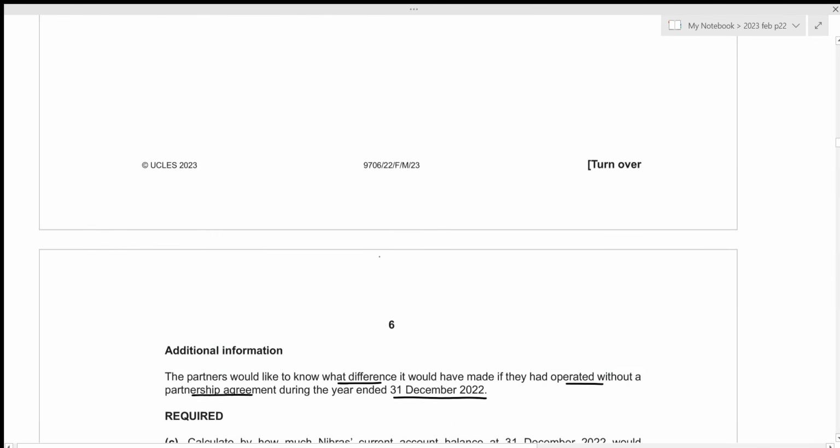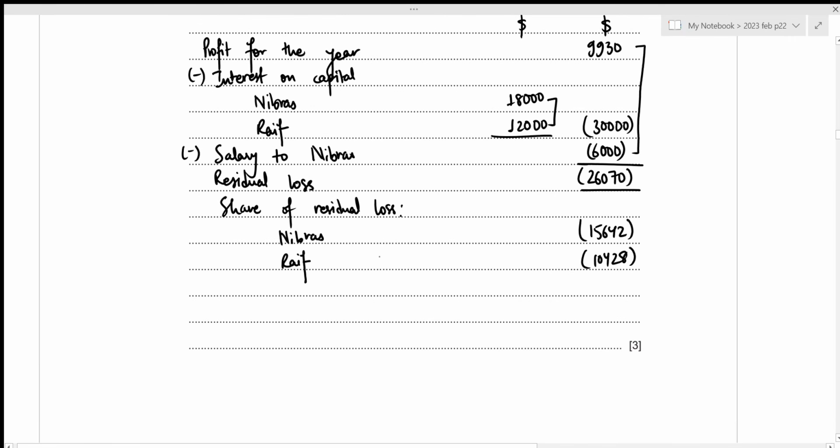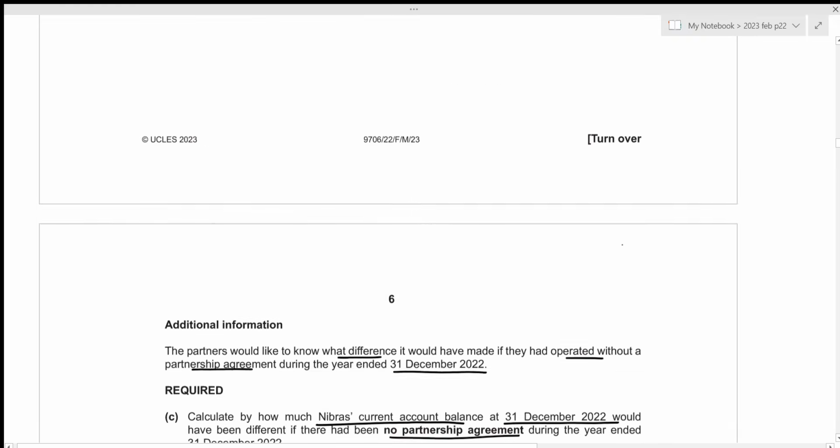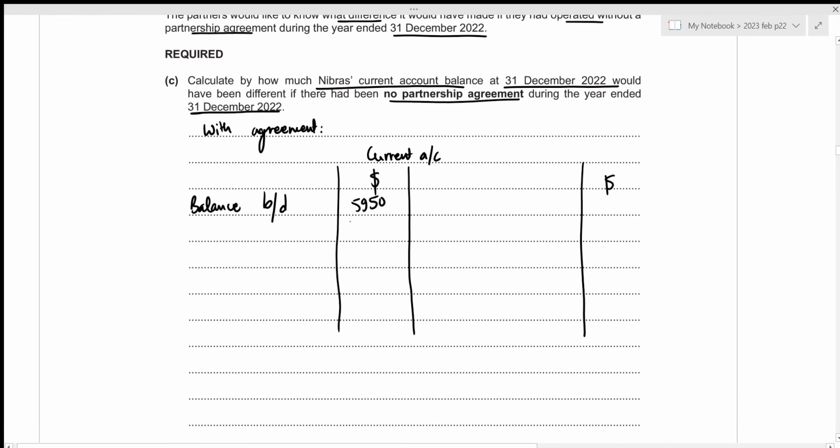Then the next item to be included in our current account would be our share of residual loss. For Nibras, that's 15,642. So all of our losses are to be recorded on the debit side and all of our incomes are to be recorded on the credit side, which means that we just record this amount of 15,642 on the debit side. So that's 15,642, which is the share of loss.